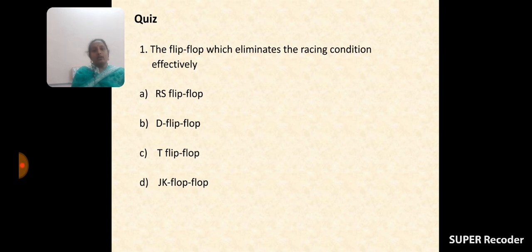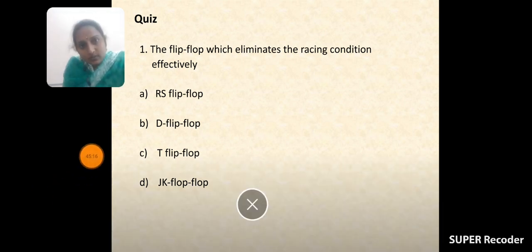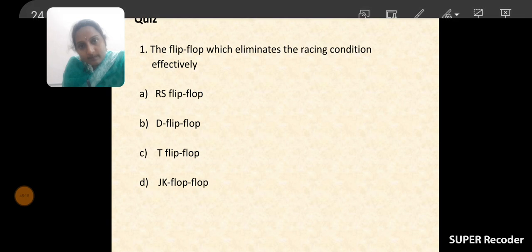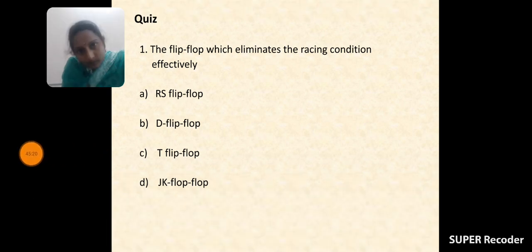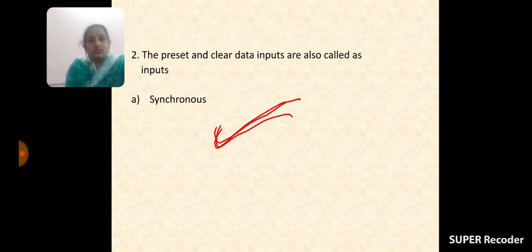If we want the same input after some time, then we use our D flip-flop. Simply, it stores the information. Whatever information we give to the D flip-flop, it will store for some time and give the same to us as it is. So in this way it stores the information and gives it back to us.